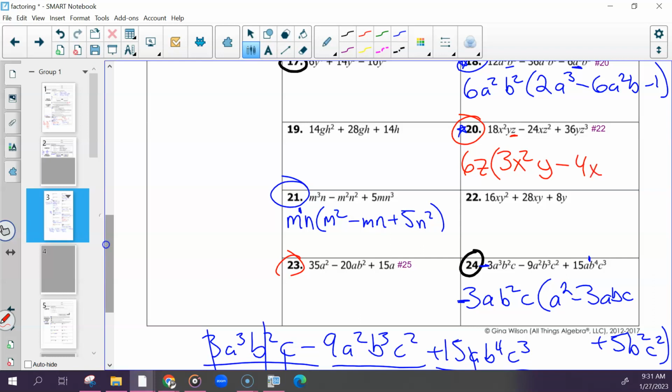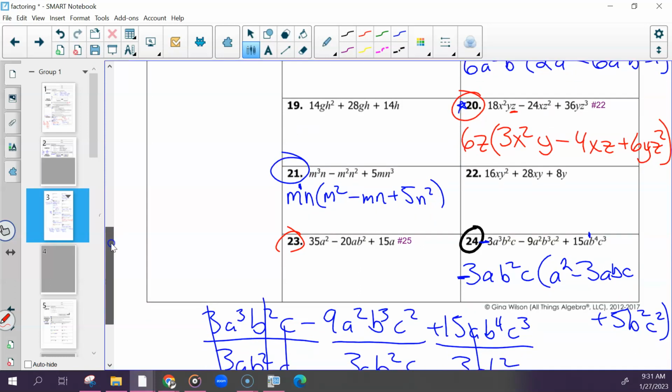X. C to the first. You can put any of these to the first. And then plus 6 Y Z squared. Correct. Okay, questions on that one?